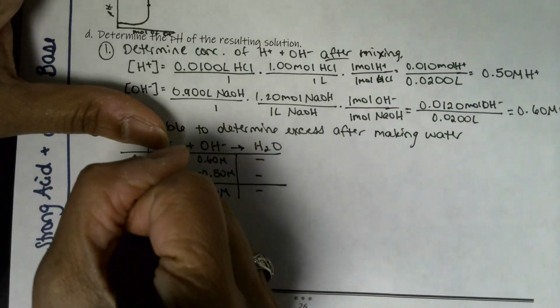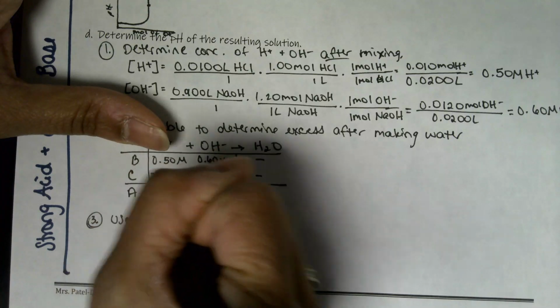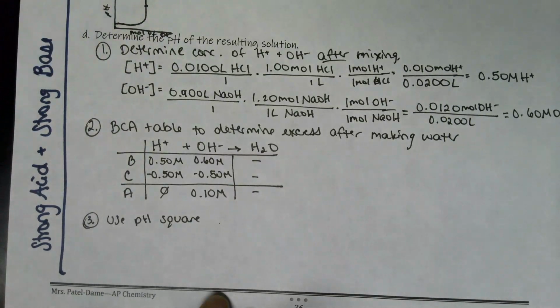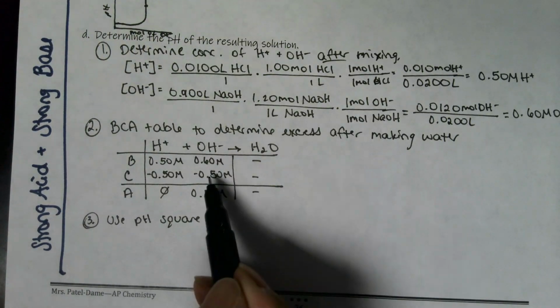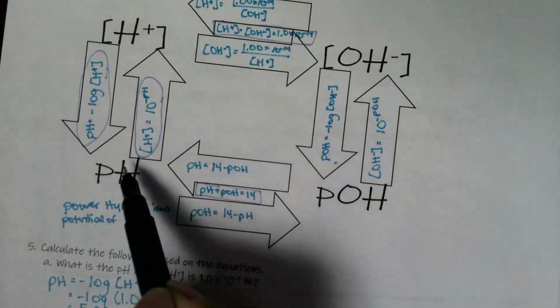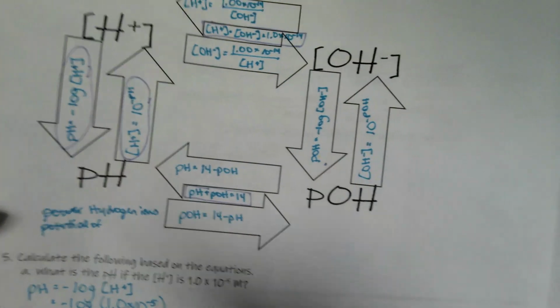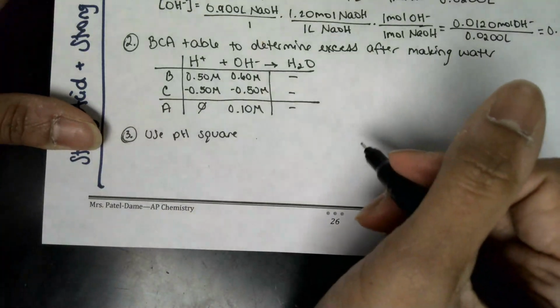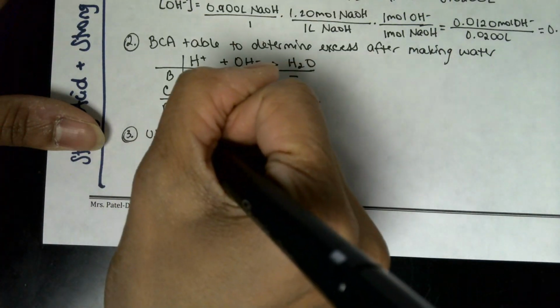So we're going to use the pH square to determine the pH itself. Since we have excess OH minus, we need to get to here. So follow a path. It could be across and down or down and across, it does not matter.